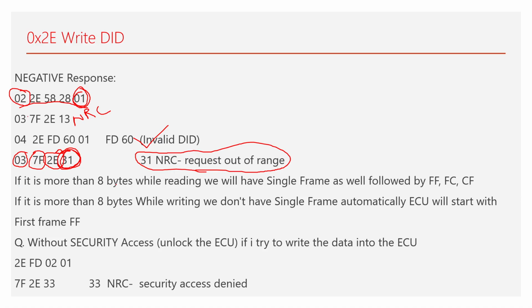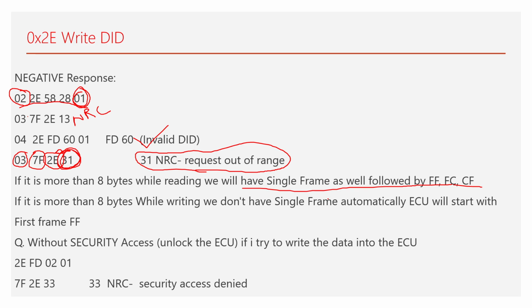So if it is more than 8 bytes, for example, you have given data of more than 8 bytes, while reading we will have the single frame. In the first point also I will explain the same thing. So we will have the single frame as well as followed by FF or FC or CF. Means whatever functionalities we have of more than 8 bytes, it is frame to counter or counter to frame.